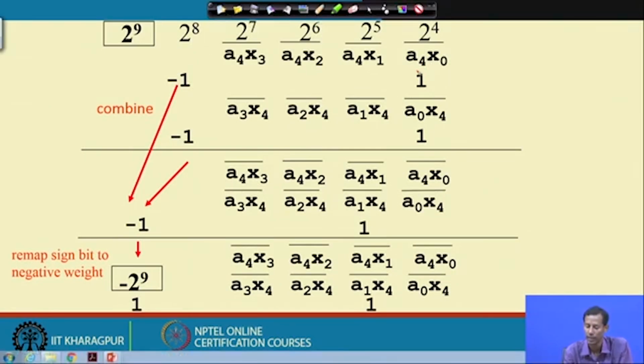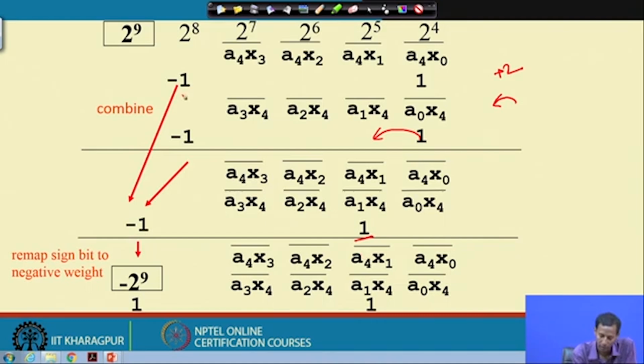So, this position was a4 x0 bar 1, a4 x1 1, and at this particular position there was minus 1 minus 1. Now, I have to combine this 1 and 1, that means plus 2. Okay. So, plus 2 means that one will be shifted to the next corresponding MSB. So, because of this 1 plus 1, that will come to this particular position with 1.